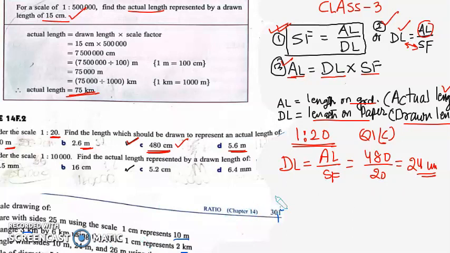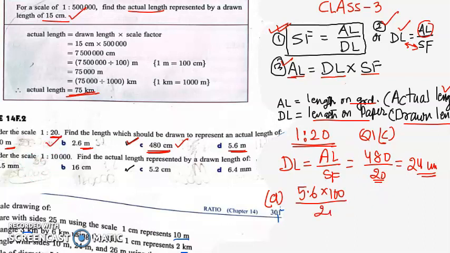Similarly, if you have to do question D, 5.6 meter, then you have to first change 5.6 meter to centimeter. So 5.6 into 100 centimeter, and divided by how much? Divided by scale factor, that is 20.